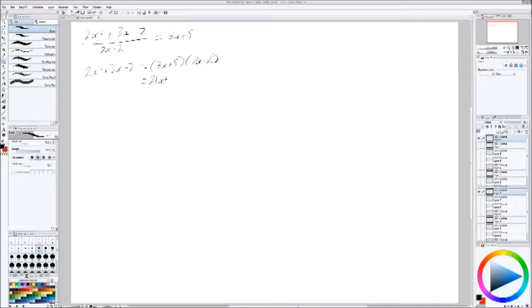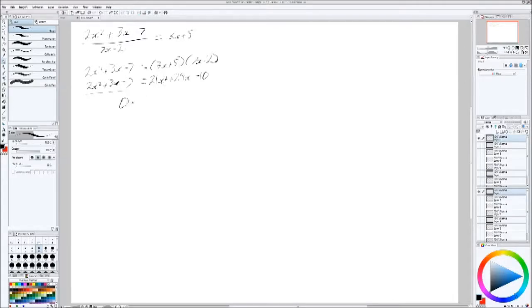So, sorry, 3x, that's negative 6x. And then positive 35, so minus the 6, that becomes 29, so plus 29x, and then minus 10. And so then we simplify that through, so 2x squared plus 3x minus 7, we simplify that through by, we'll subtract this side from the other side.